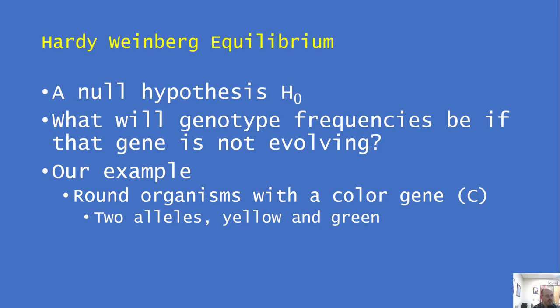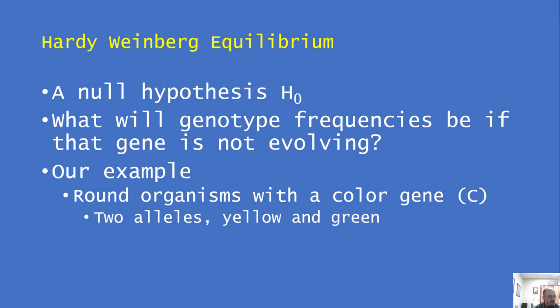So what will the genotype frequencies be if a population is not evolving? So basically, what we can do here is use this equation to answer that question. What will genotype frequencies be if that gene is not evolving? So if allele frequencies are not changing.